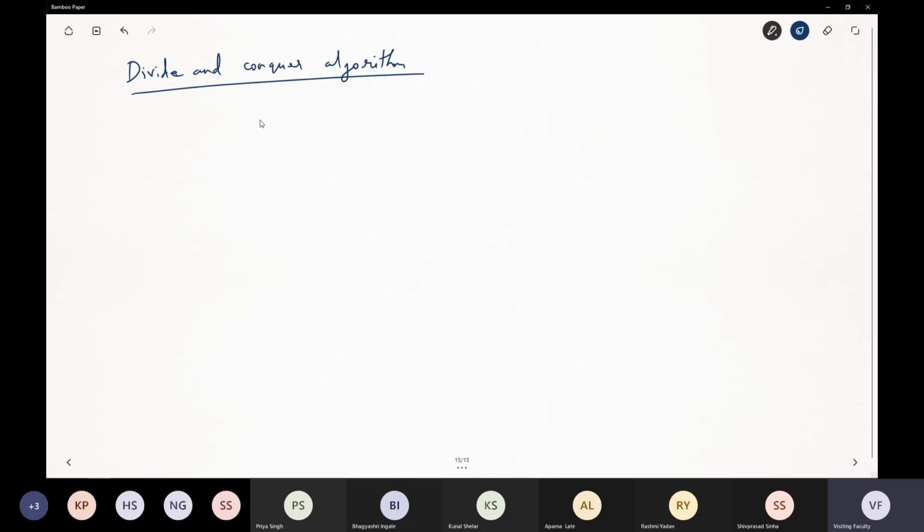So here is the idea. What are we trying to find here? Let's give it some name.